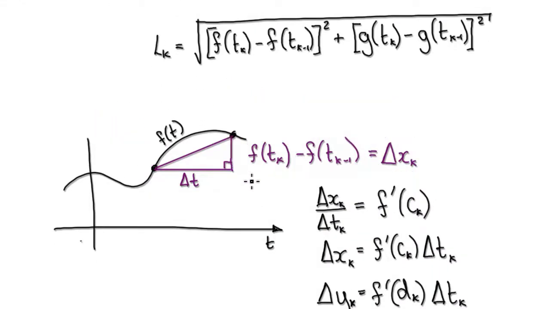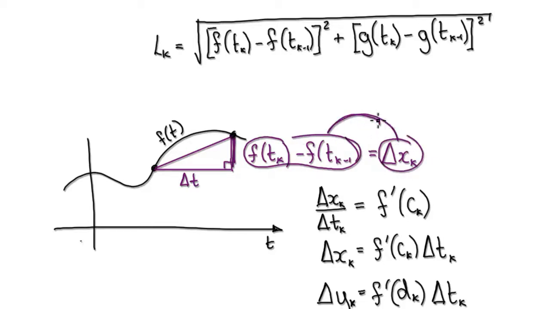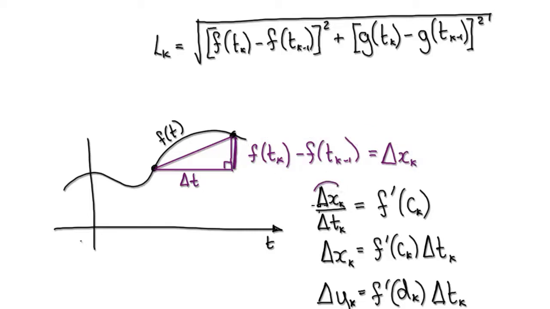Now using the mean value theorem, this height can be written as this. I'm going to jump back and forth between these two because they mean the same thing. If I get the height divided by the width, that gives us the average gradient.